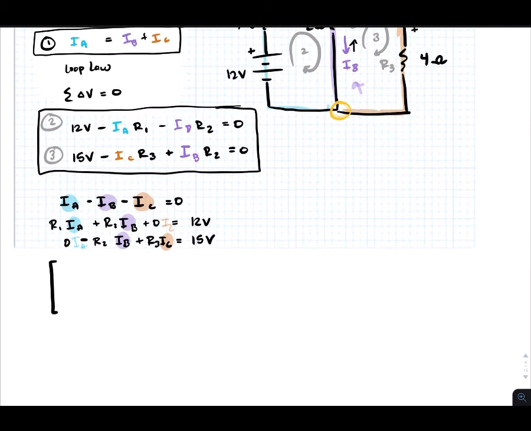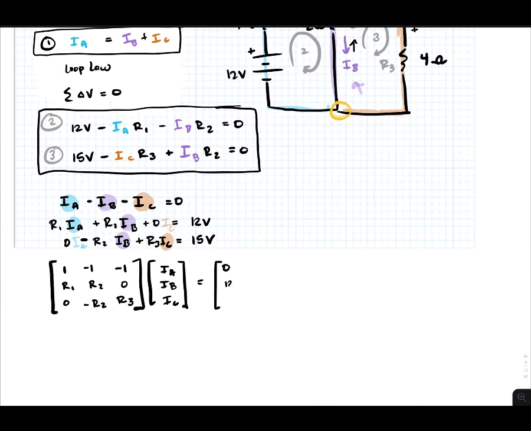You'll just write the coefficients: 1, minus 1, minus 1, R1, R2, 0, 0, negative R2, R3. And you could see using matrix multiplication, this would be IA, IB, IC. It's going to be equal to 0, 12, 15.